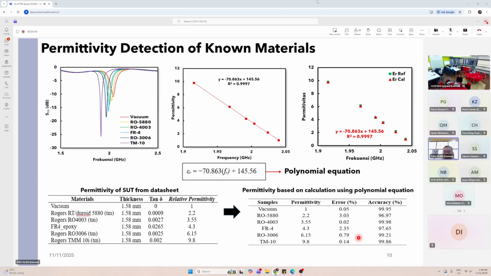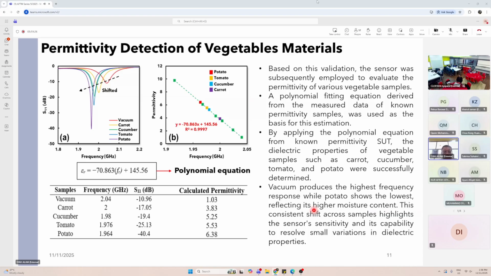You can see here that the proposed sensor has a high accuracy in the range between 97 and 99% with a permittivity range of 1 to 9.8. This is for known permittivity. After we determine the polynomial equation with known permittivity, we can predict the permittivity of the vegetable materials.